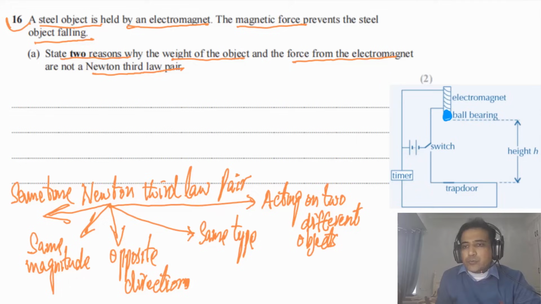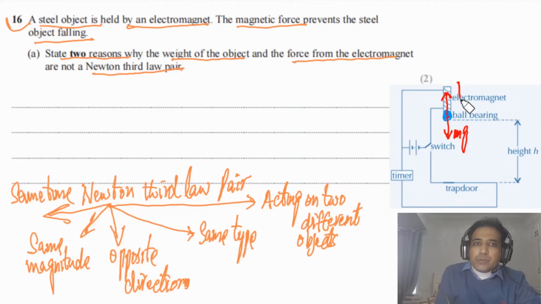So we have two forces acting on this one. One force is the weight that is acting down, mg, the force due to gravity, and there is a magnetic force on this one that is acting upwards, Fb. This is the magnetic force, and these two forces are equal in magnitude and opposite in direction.